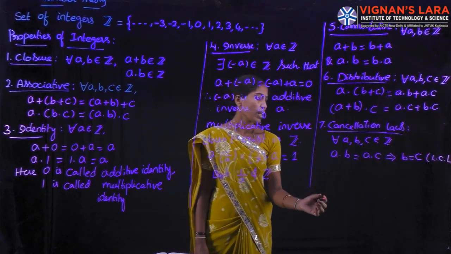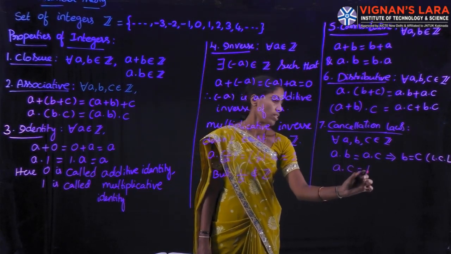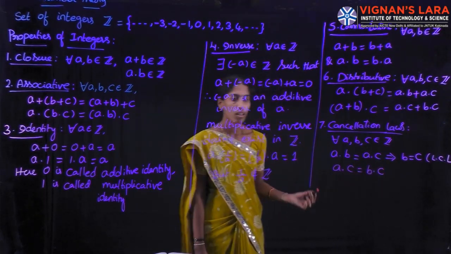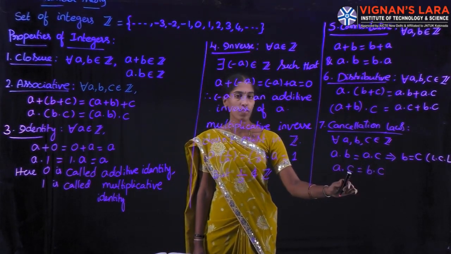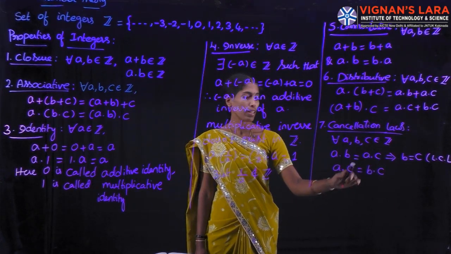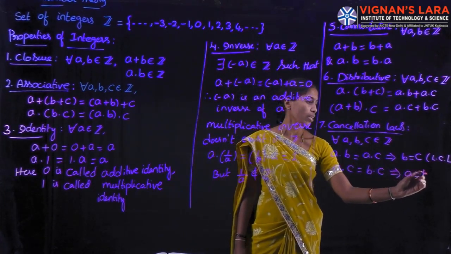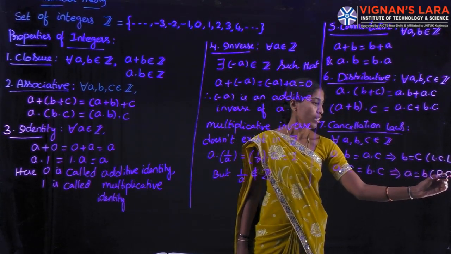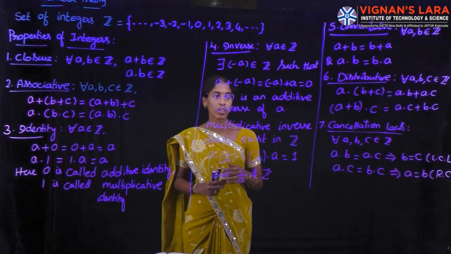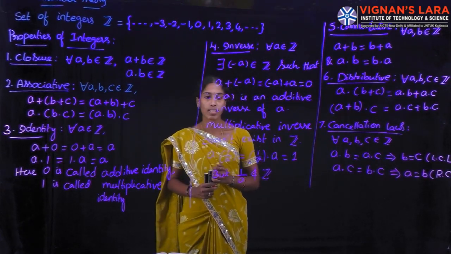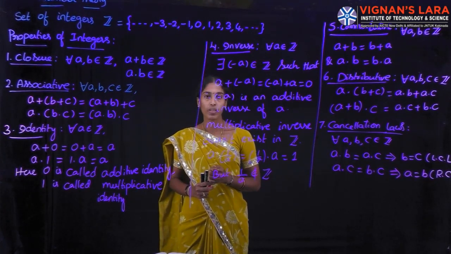The other cancellation law is a into c is equal to b into c. On both sides the element c is the same, on the right side. By cancelling it, we will get a is equal to b. We call it the right cancellation law. These are the 7 different properties the set of integers satisfy. Next we will see the definition of divisibility.